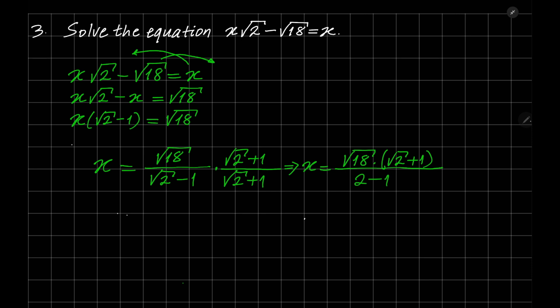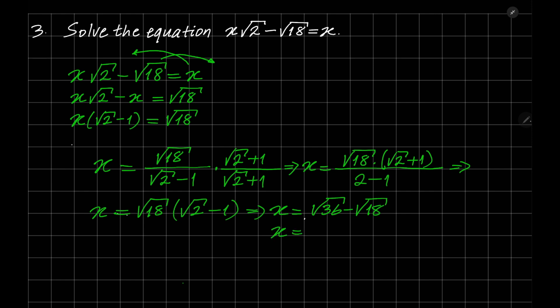Which implies that x is equal to square root of 18 times square root of 2 minus 1, which implies that x is equal to square root of 36 minus square root of 18.